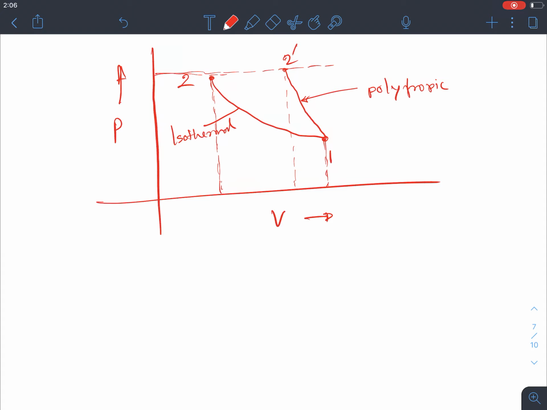Now when we compare with the ideal case, how can we decrease the work consumption? Let's consider another ideal case. What will it look like if we do something like this? First it comes here, compression, and then it cools down, and then again it goes back to this one, right?